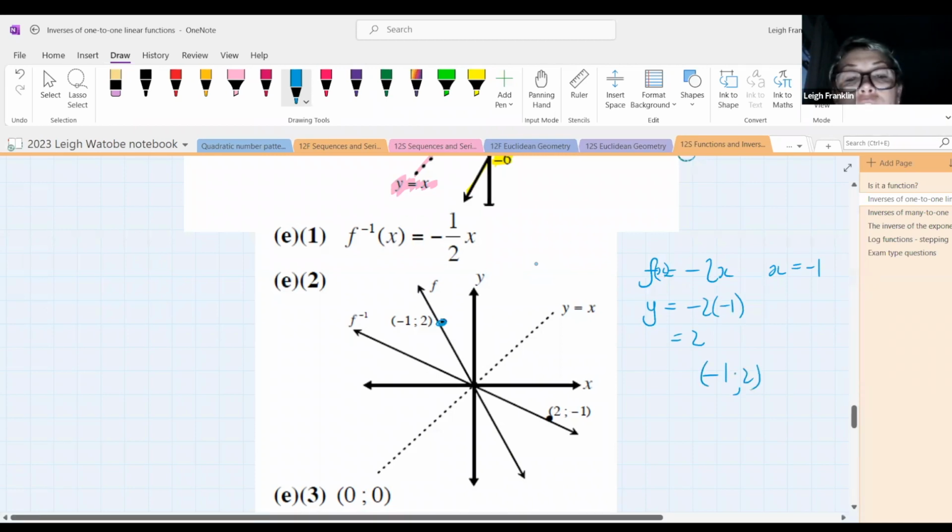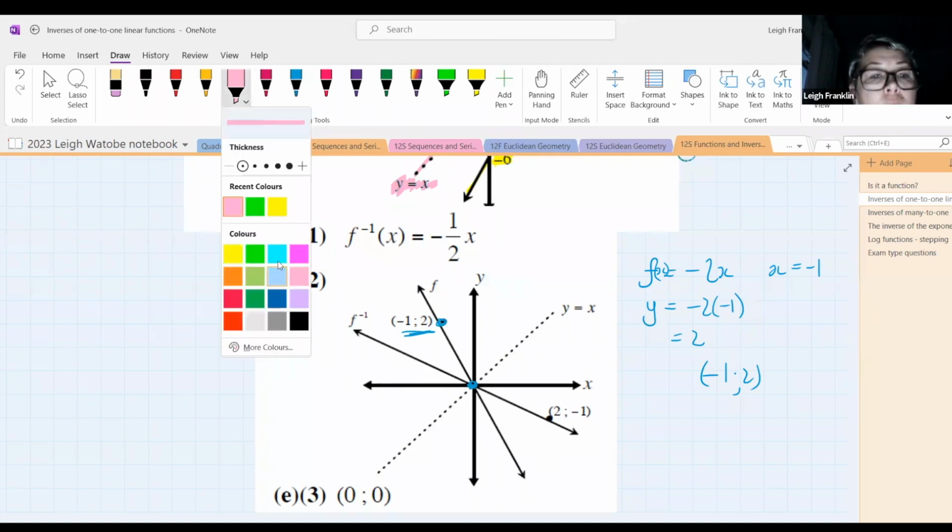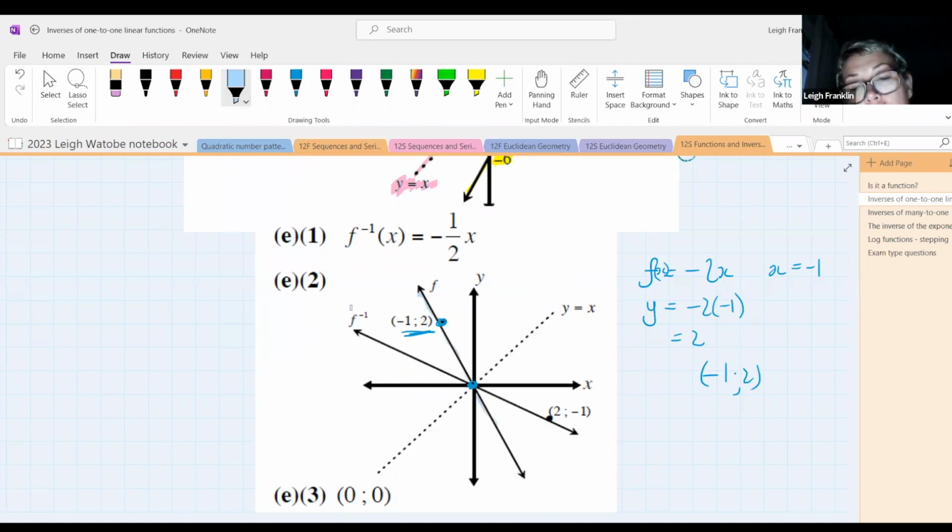That's this point over here. That gave me another point in addition to the origin in order to draw that blue line. I would have plotted this point, my origin over there, and then grabbed my ruler and drawn my line.